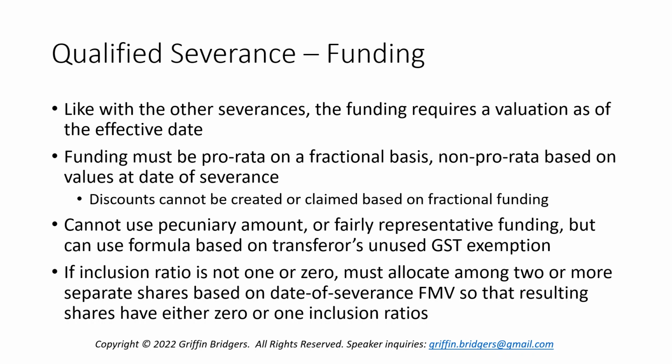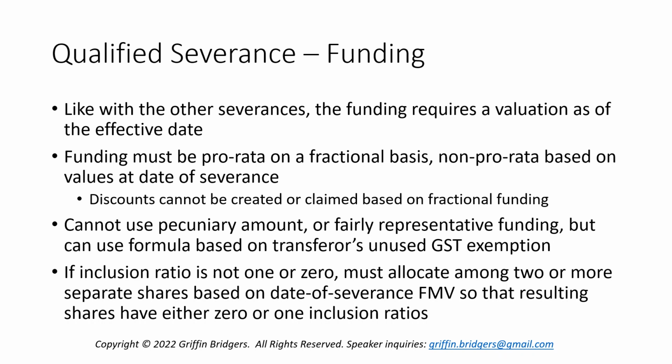So the question you might have is, what's the difference between basing this on the unused GST exemption versus the pecuniary amount? And it's a fine hair to split that we're not going to get into here, but largely what that means is that a lot of formulas based on unused GST exemption, or the amount necessary to create a zero inclusion ratio, are going to be fine.